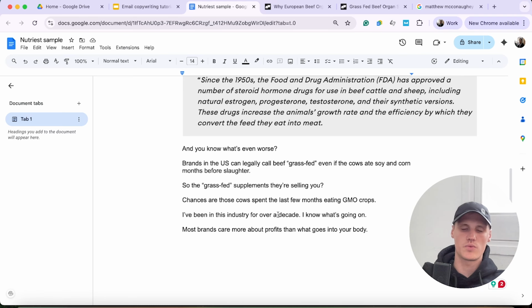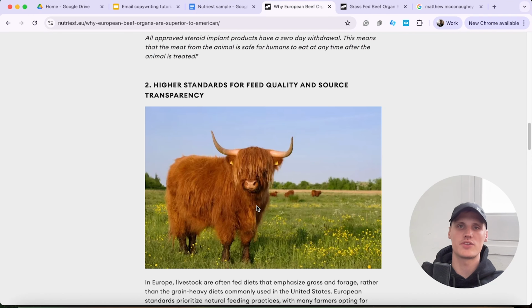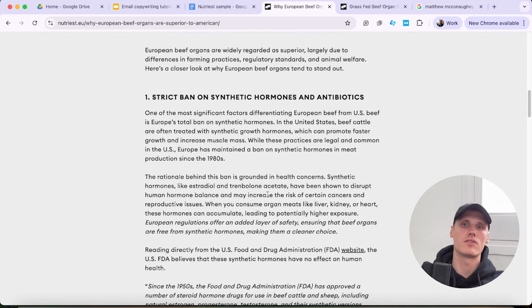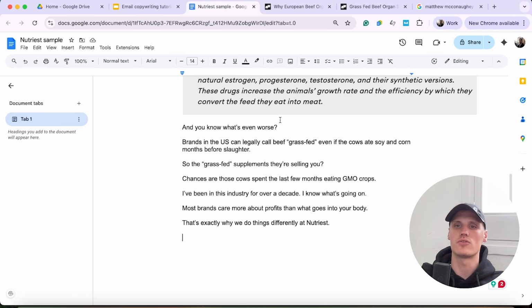So before, we laid out all the groundwork and the context, and now I want to transition to the offer. So that's exactly why we do things differently at Nutriest. Then you start explaining what they do better, especially focusing on the grass-fed aspect and on the European market's approach to hormones.